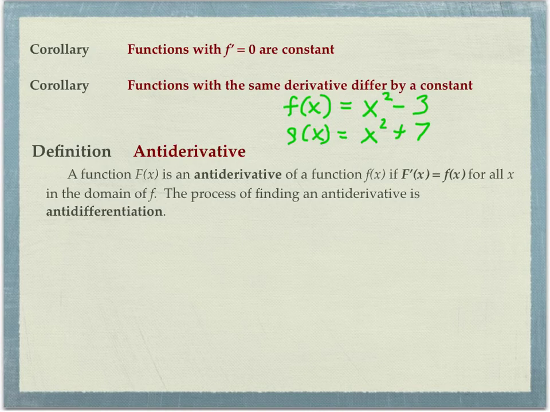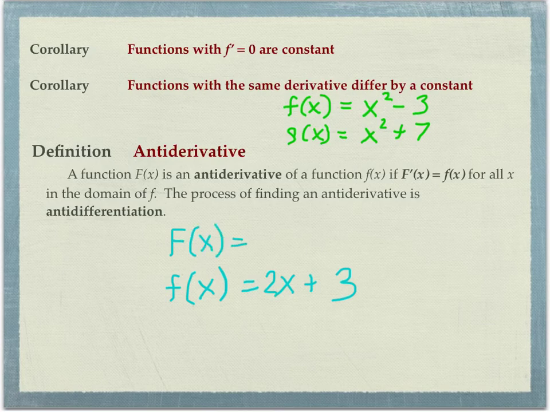I'm kind of running out of time here a bit, I think. So let's say that the original function they give you is 2x plus 3. Well, the antiderivative of that would be some function that gives you this as a derivative.